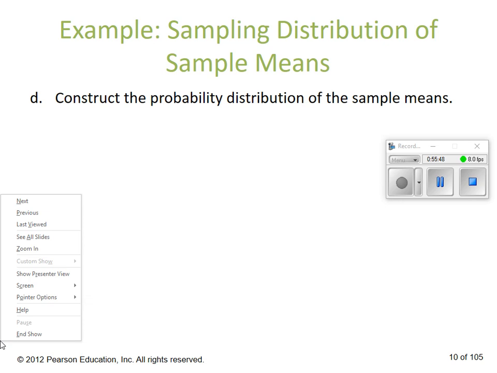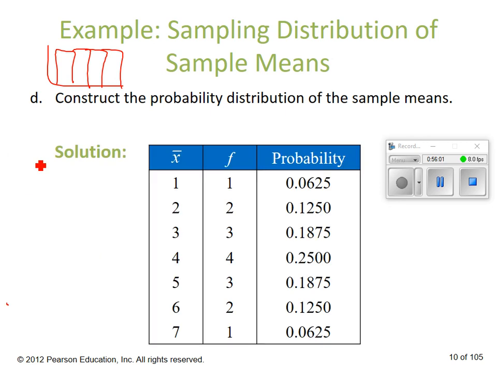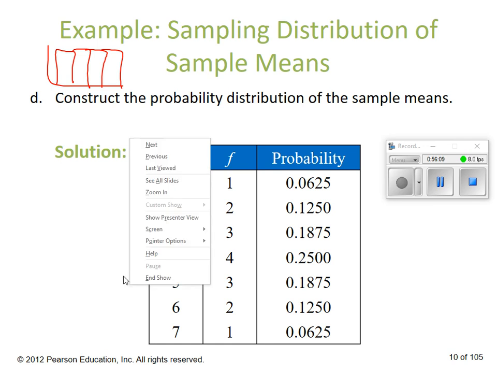Construct a probability distribution for the sample mean. So if we're looking at just the sample means, is it going to look like that other probability distribution did, where all the things were the same height? No. Now, if we do this, what's the probability of just getting a 1, just getting a total of 1?